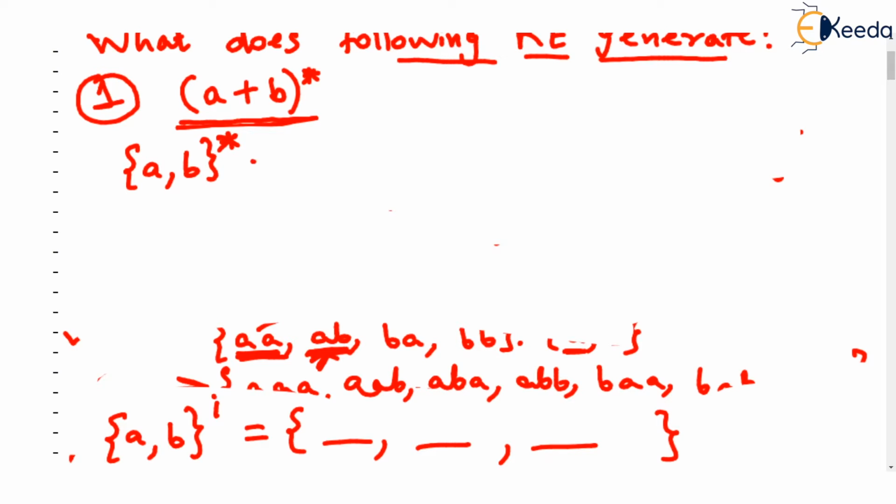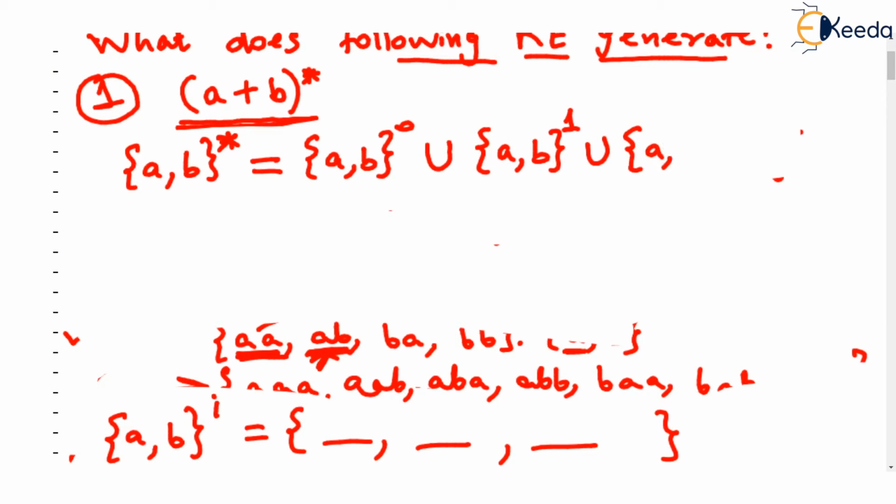This is now given as {A, B} raised to 0, which we found, union {A, B} raised to 1, union {A, B} raised to 2, union. This will go on up to infinity, because you will be finding {A, B} raised to 3, {A, B} raised to 4, and so on. So you tell me what will be the union of this.